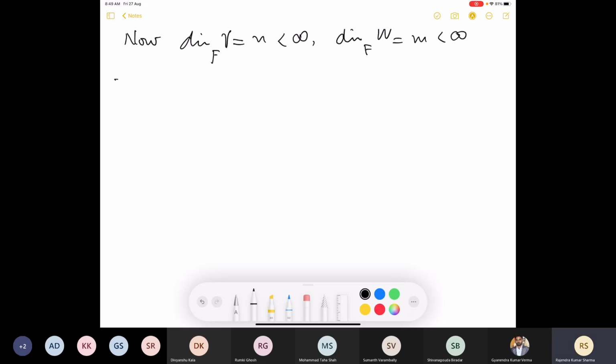So what we have got is that the dimension of V hat over F is also N, and is finite dimensional.